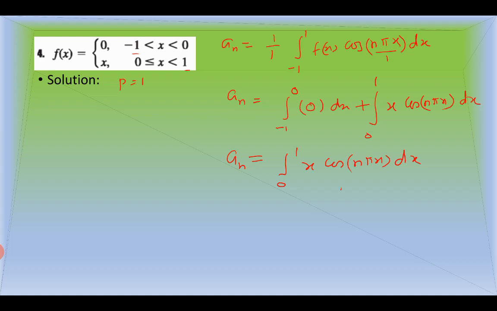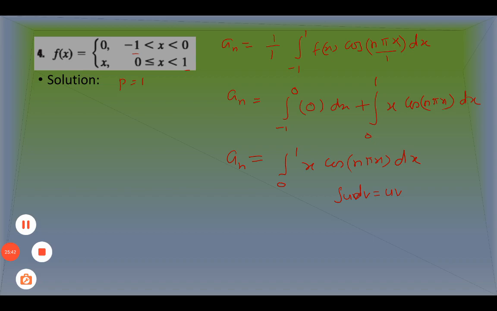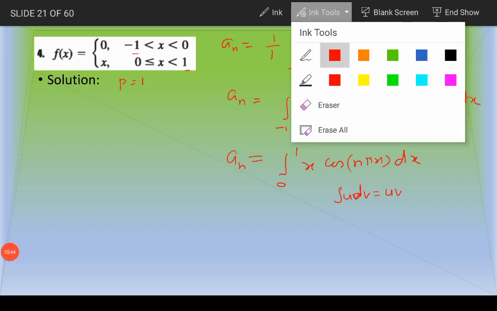We can use the formula integral u dv is equal to uv. Okay, it's a different version of the same problem, integration by parts in a different format.